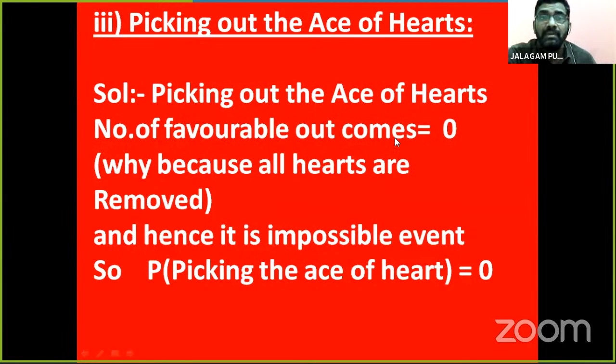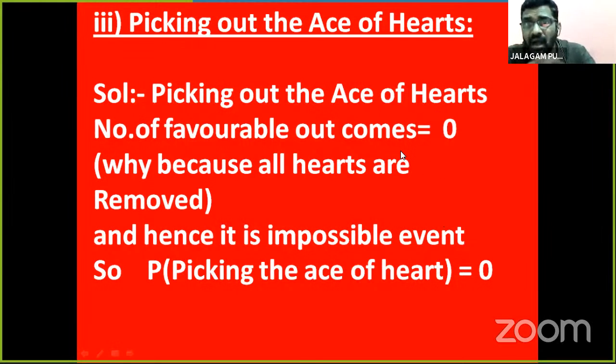Here, the number of favorable outcomes is 0. Why? Because all hearts are removed from the deck of cards, so there is no ace of hearts. Have you understood? Totally there are 4 aces: spade, heart, diamond, club.